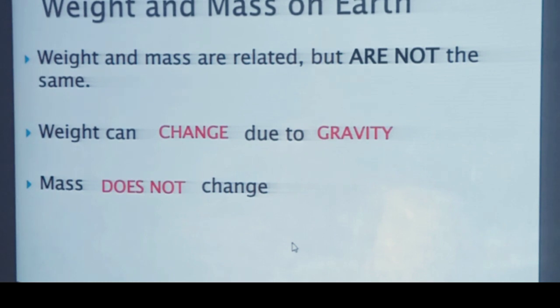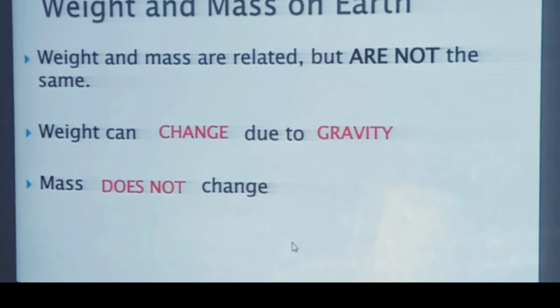So when we are going to differentiate between mass and weight, the first point should always be their definition. What is mass? Mass is the quantity of matter present in a body. Whereas weight is the force with which gravity pulls a body towards itself. Now, the SI unit for mass is kilogram, whereas the SI unit of weight is Newton.